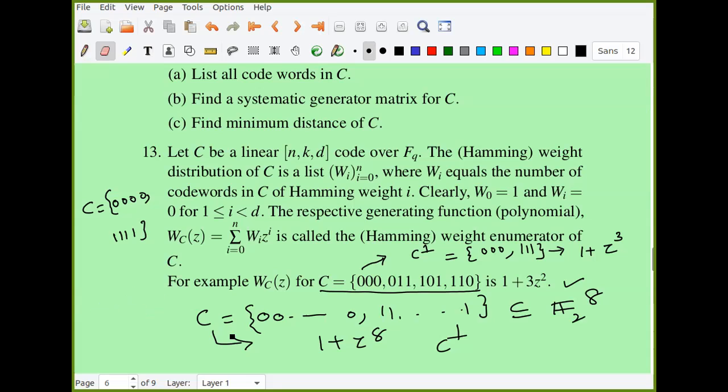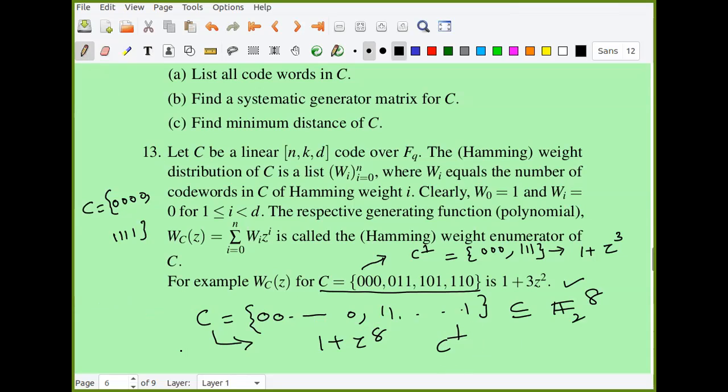So what are we saying? In C perp, every vector is orthogonal to 1, 1, 1, 1, right? Every vector is orthogonal to the all ones vector, which means the sum is even. So you cannot have words of odd length.